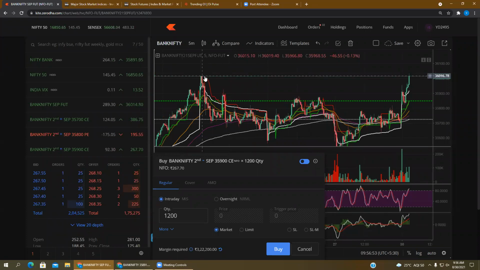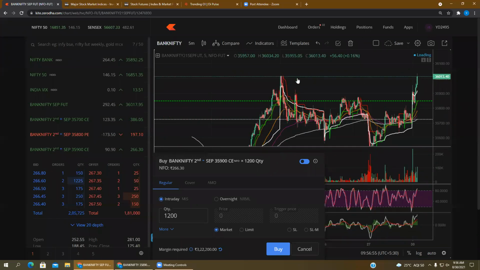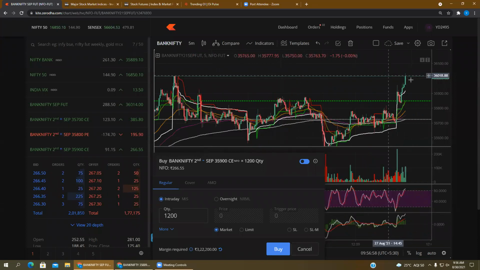Okay, we are at this level now. Once this is also crossed, then upside can we see fireworks in Bank Nifty.